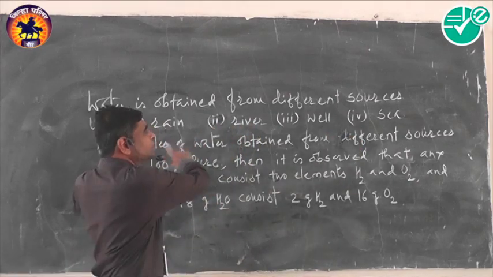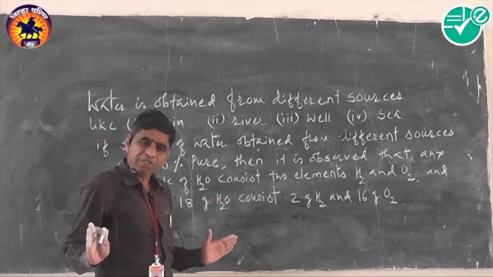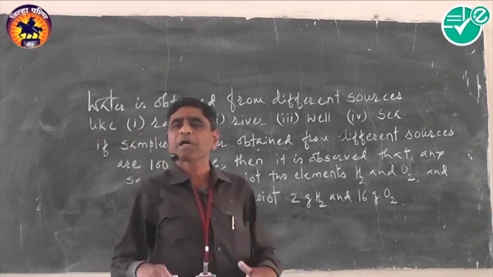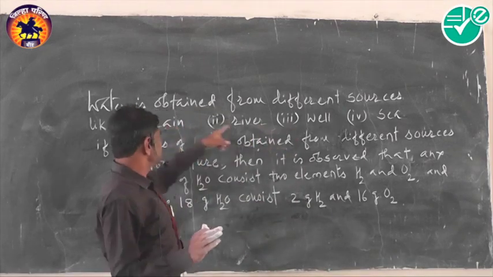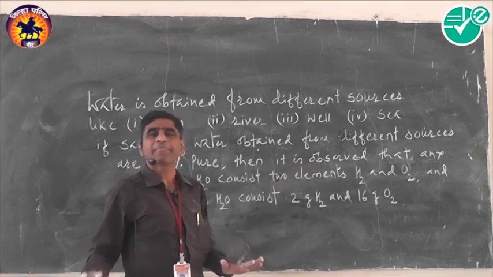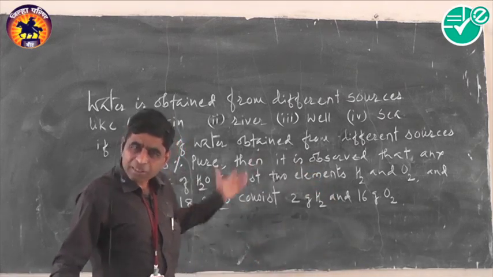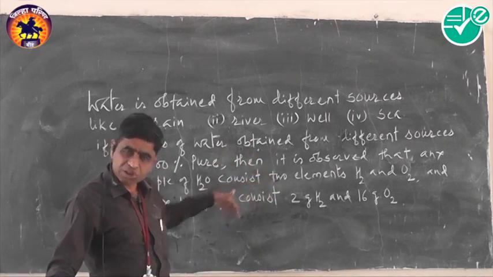Remember, if all the four samples of water are 100% pure, then if we carry out the electrolysis of all four samples of water, at the cathode hydrogen is obtained and at the anode oxygen is obtained.